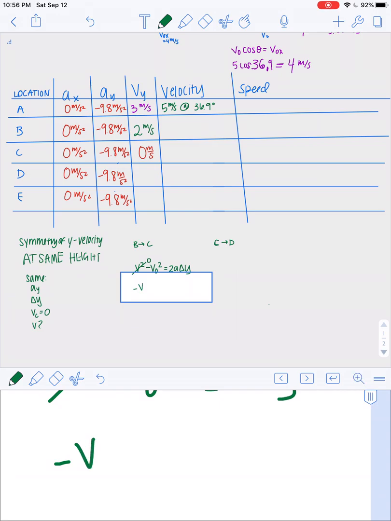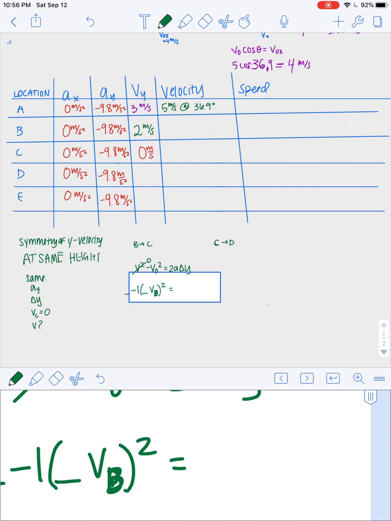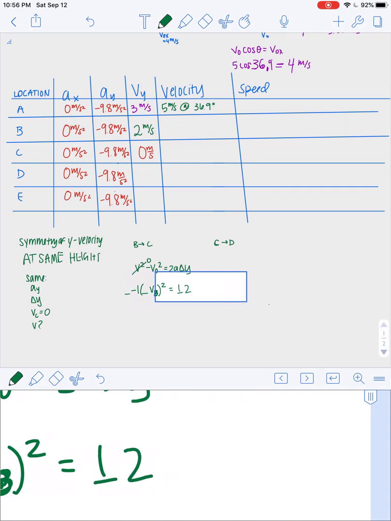And we are left with the initial velocity squared, so that's like the velocity at B. I'm going to replace that with VB. We know that acceleration in the y direction is constant, and we know they travel the same displacement.